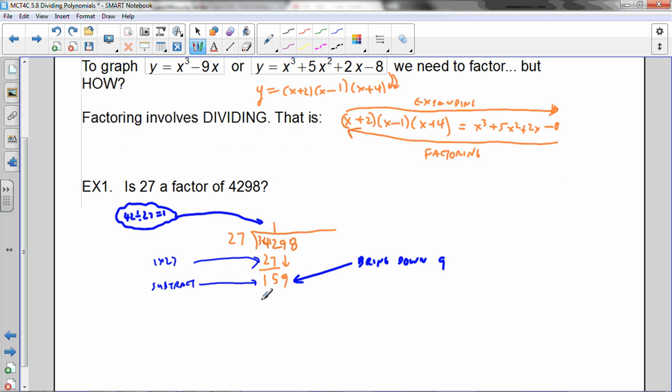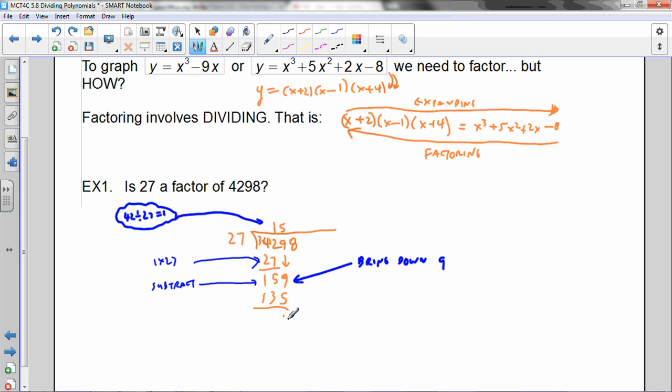So, well, how many times does 27 go into 159? After you sort of mess around with it a bit, you'll find out that it's 5 times. And then I multiply. 5 times 7 is 35. And then 5 times 2, that's 10, plus 3 is 13.